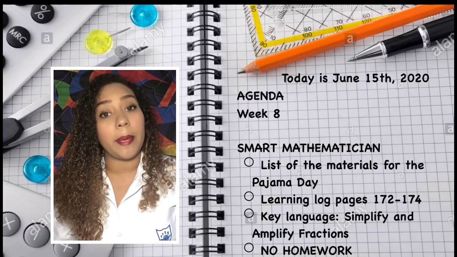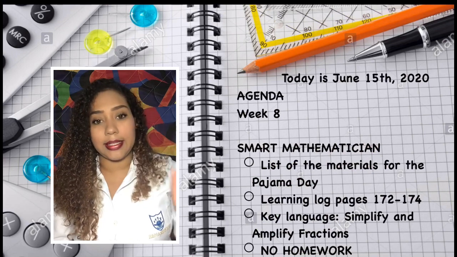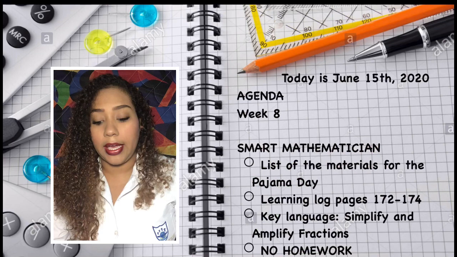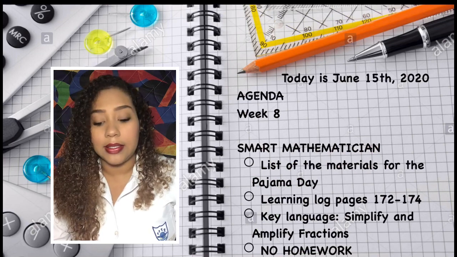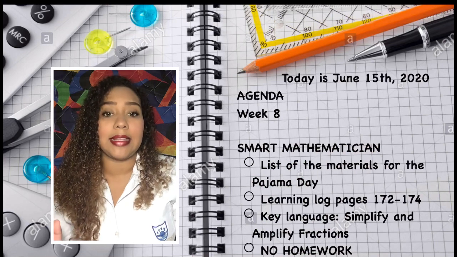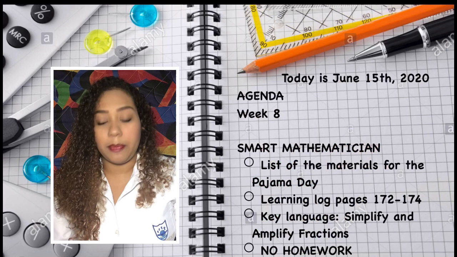Now, let's start by looking at today's agenda. Today's agenda is June 15th, 2020, week 8, Smart Mathematician, and we're going to start by looking at the list of the materials for pajama day.